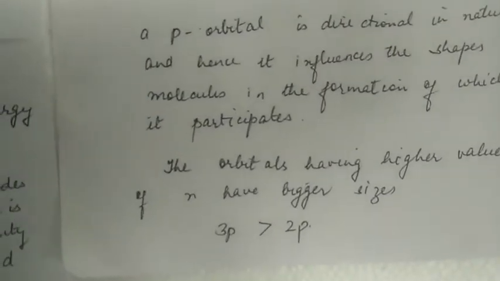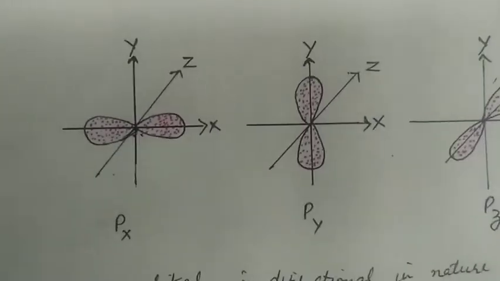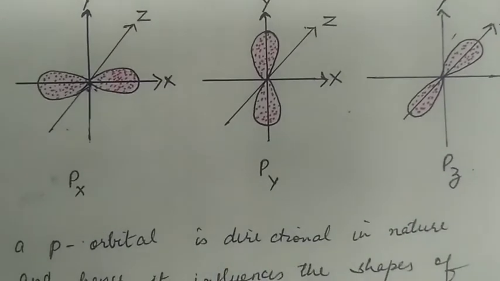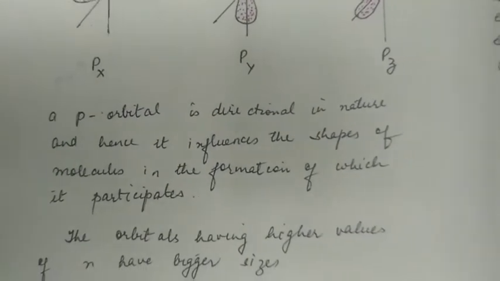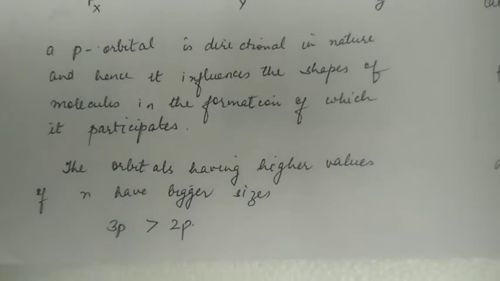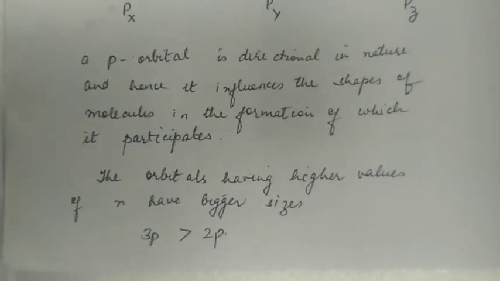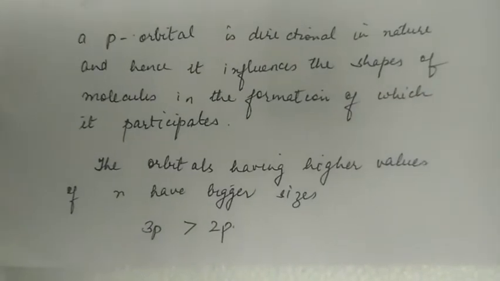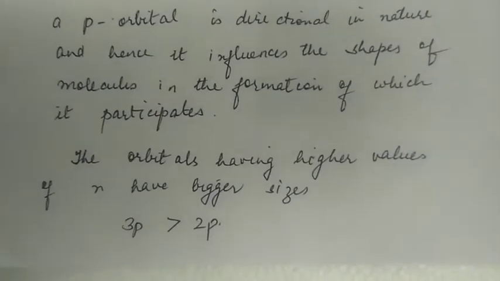So the orbitals having higher values, these were the diagrams for, let us say, 2p orbitals, 2pz, and the orbitals for higher values of n will have similar shapes, but the sizes will be bigger. So 3p orbitals will be bigger in size than the 2p orbitals.